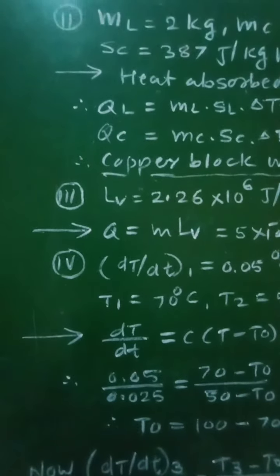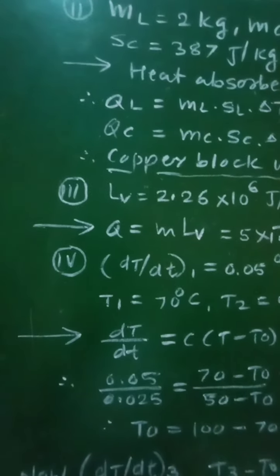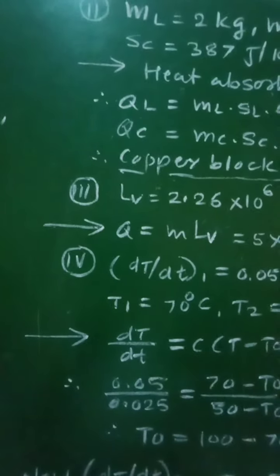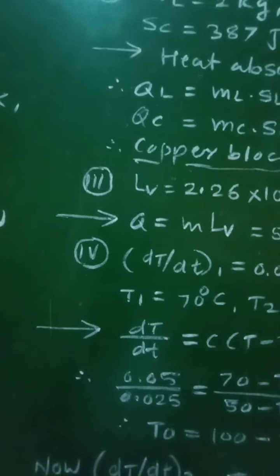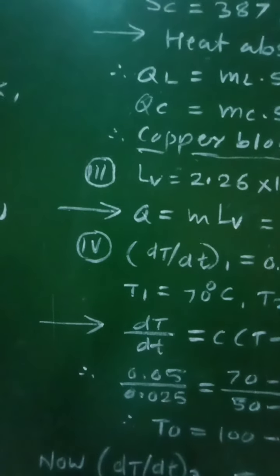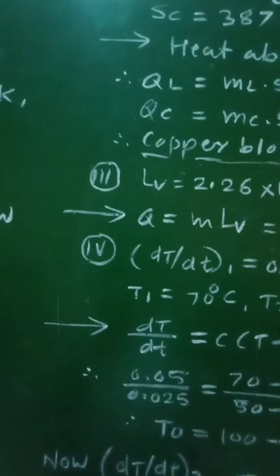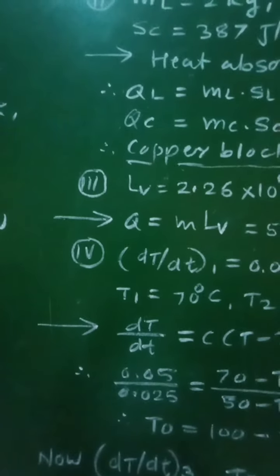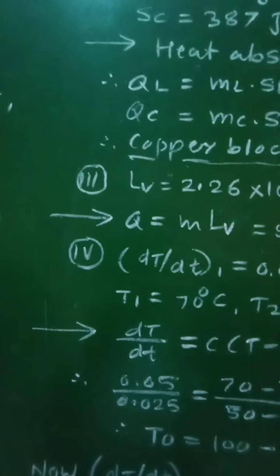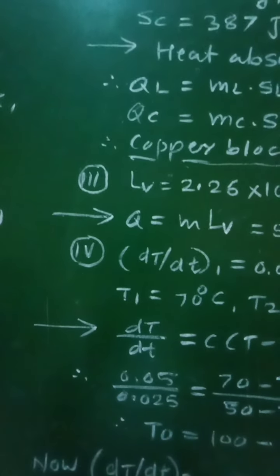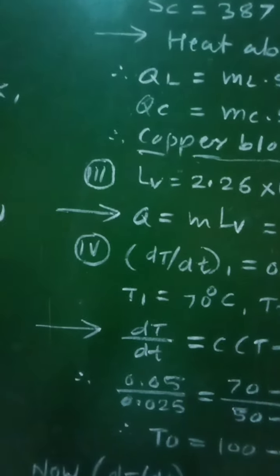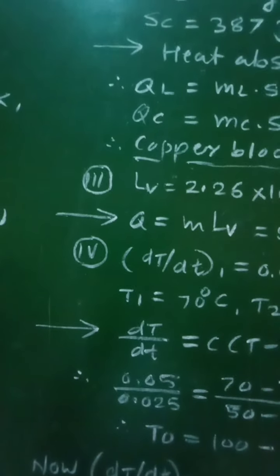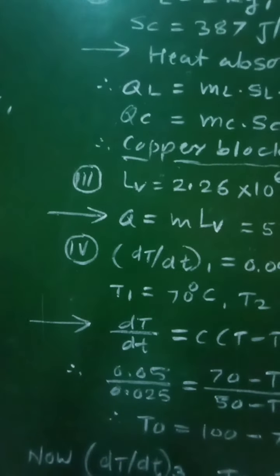Then let us see numerical number 4, which is stated as: a metal sphere cools at the rate of 0.05 degrees Celsius per second when its temperature is 70 degrees Celsius, and at the rate of 0.025 degrees Celsius per second when its temperature is 50 degrees Celsius.